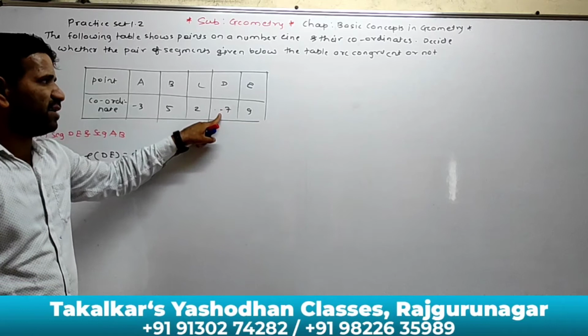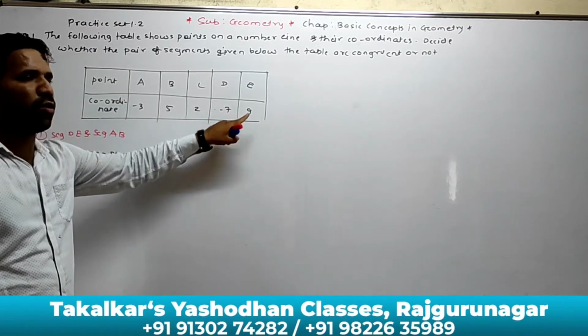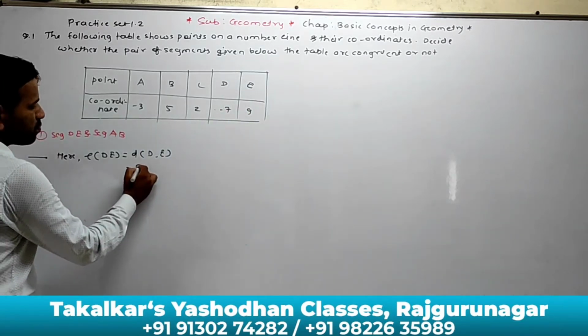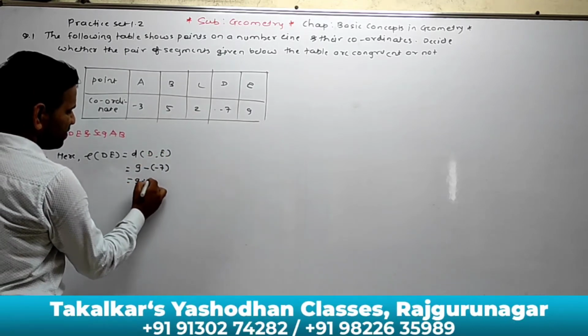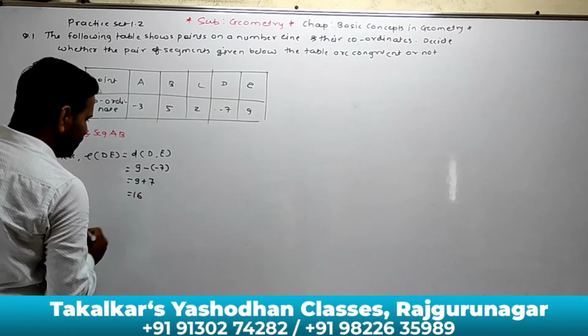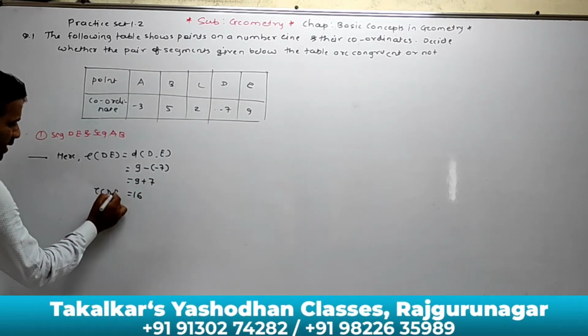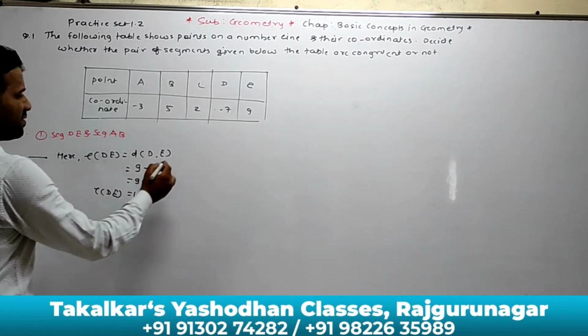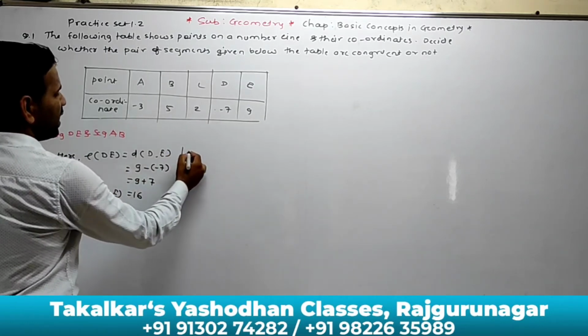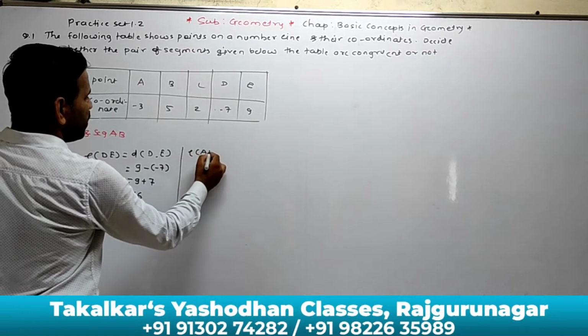Which one is smaller? -7. Subtract -7 from 9. So 9 minus -7 means 9 plus 7. So it will be 16. Length of DE will be 16.